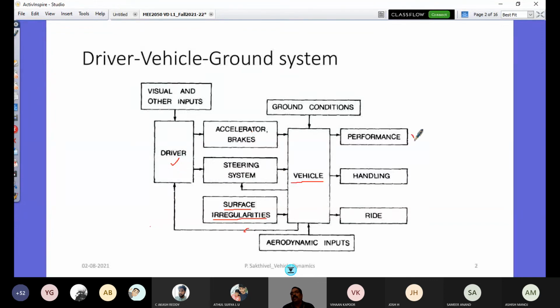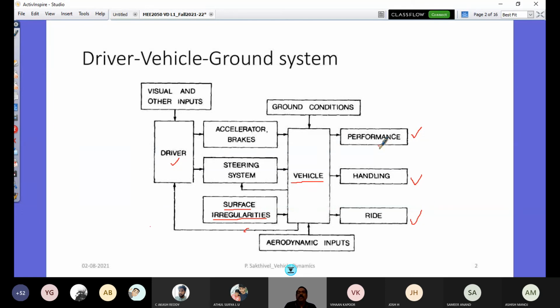So performance, when you say it, is all about how good the vehicle can pick up its speed. When you start your vehicle, how fast you can gain speed as you drive. Suppose there is suddenly a requirement of stopping your vehicle because of some road intruders on the highway, like a cow crossing the highway.